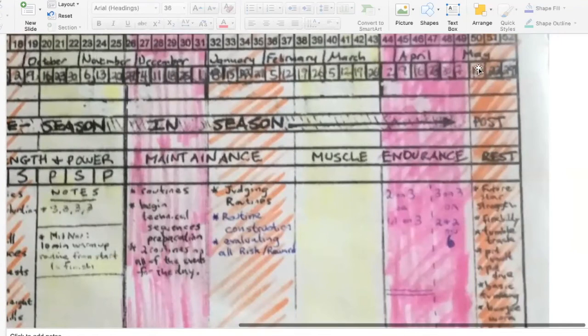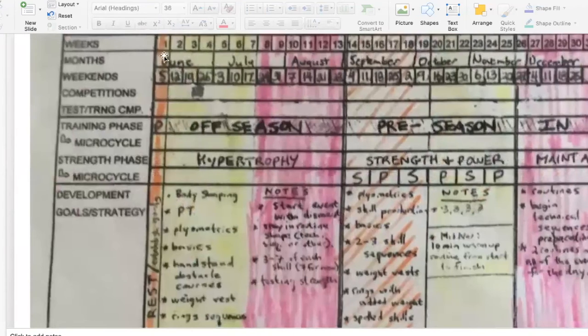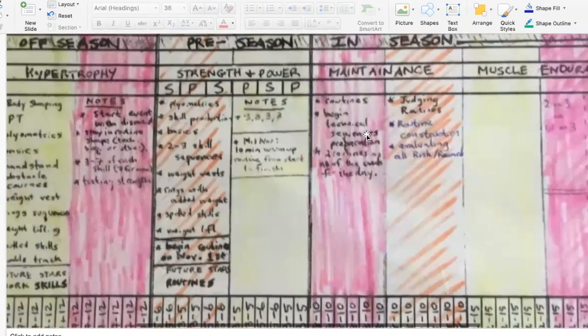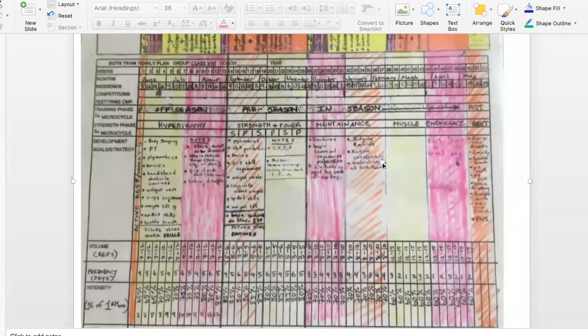So when they get back from their national championships, I want 1, 2, 3, and 4 weeks of rest. 4 weeks of active rest. I want them to come into the gym. I don't want them to hit the springboard. I don't want them to run. I don't want any impact on their ankles, their wrists, on their back. I want them to use the pit.